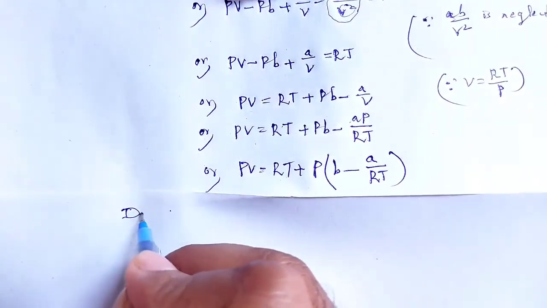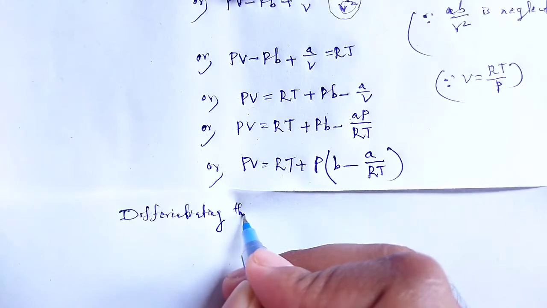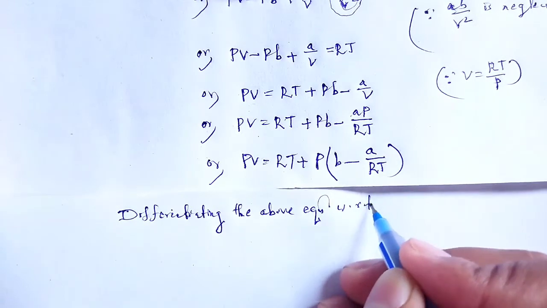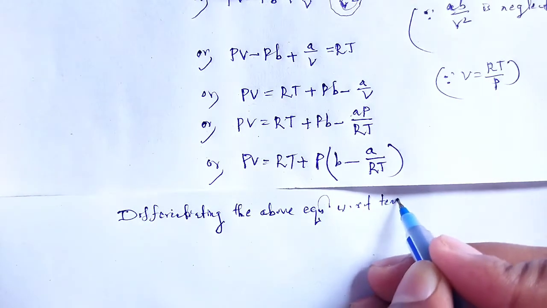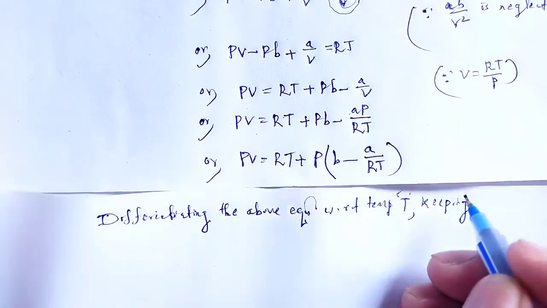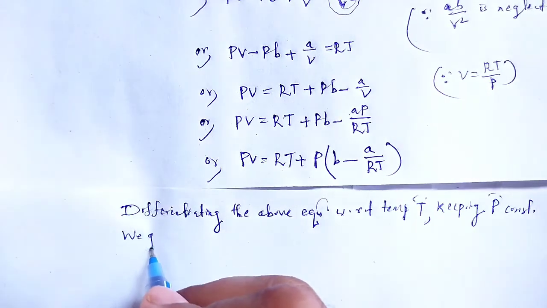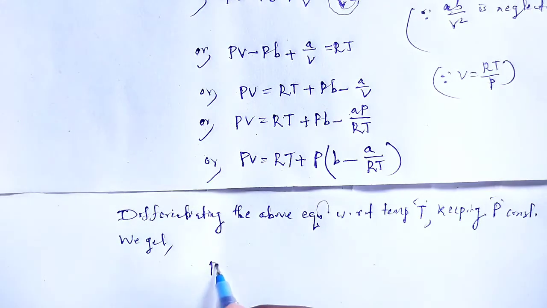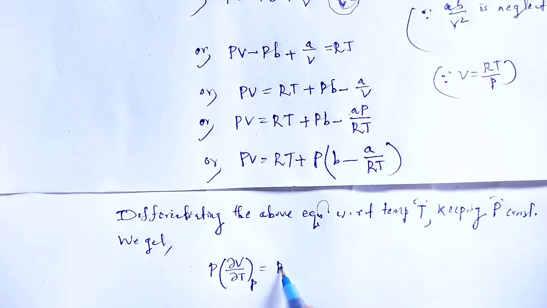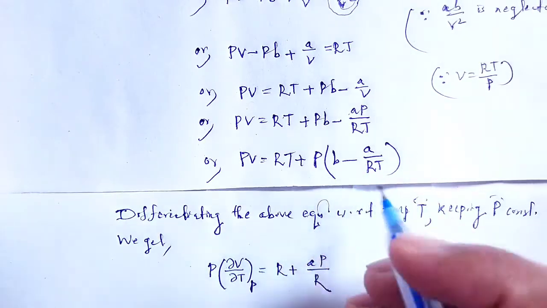So now differentiating the above equation with respect to temperature T, keeping pressure as constant, we get P del V by del T at constant pressure is equal to R plus aP divided by R. Here we expand it in two terms.